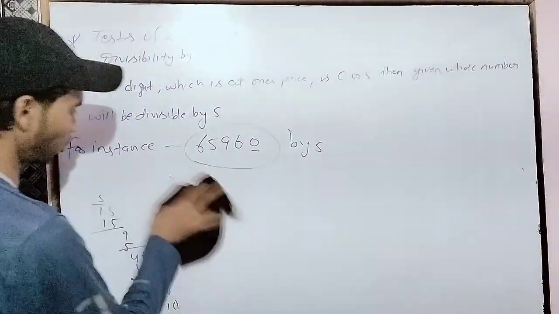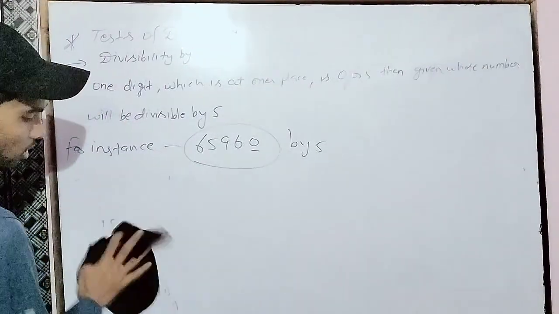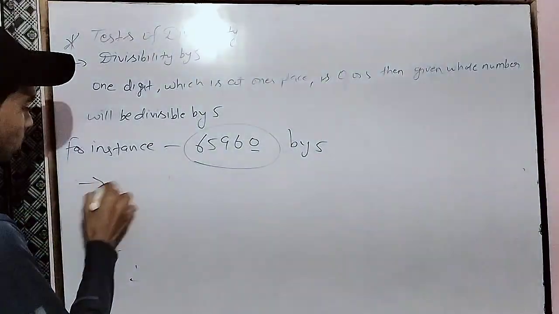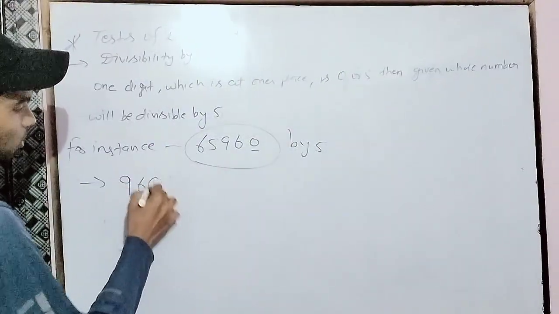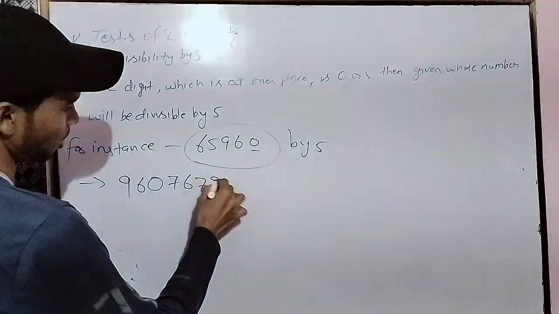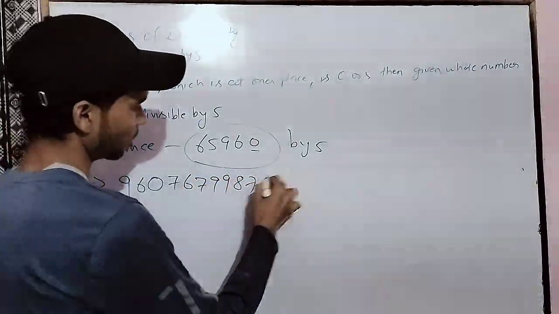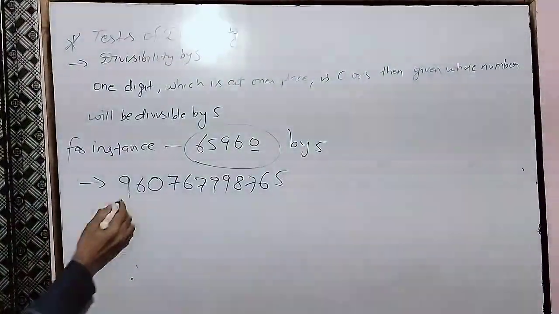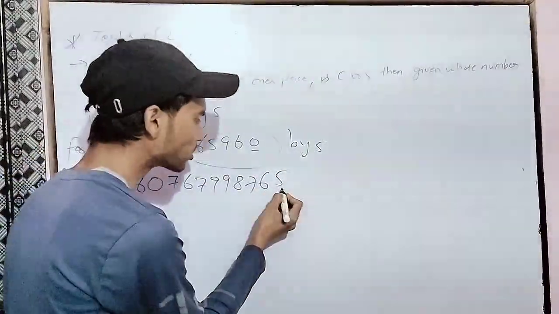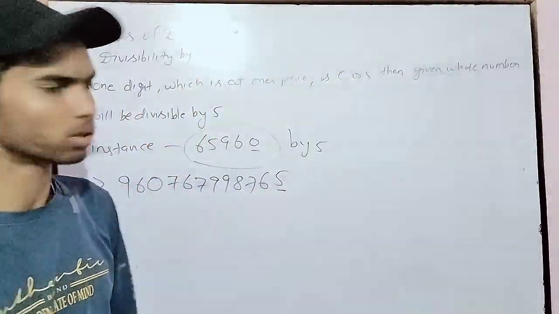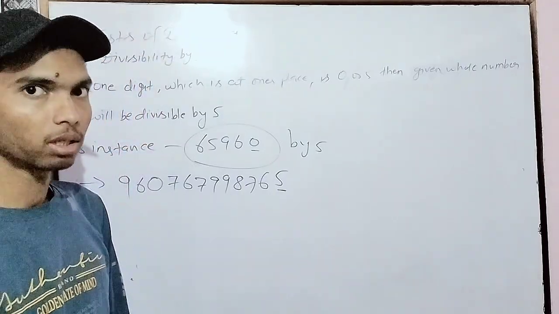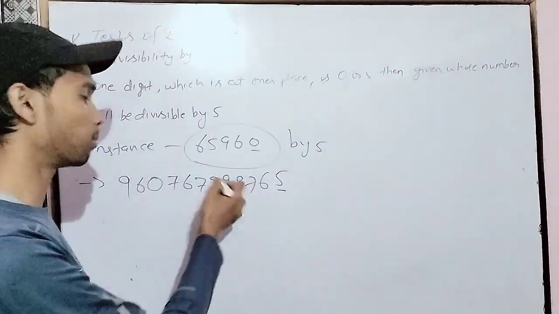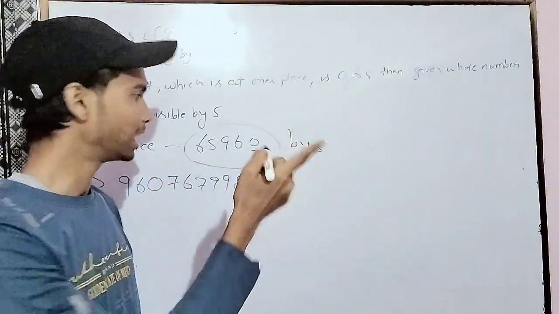Again, more examples for this. We only need to observe the digit which is at one's place. If here is 0, then this whole number will be divisible by 5.